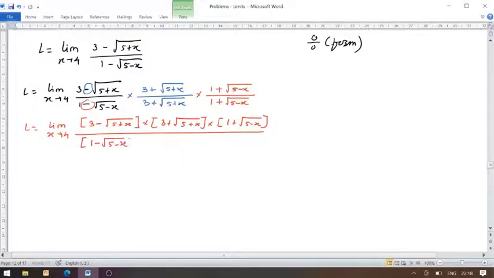Whatever irrational factors we require, we write first. That means (1 minus root of 5 minus x) into (1 plus root of 5 minus x), and the second term becomes 3 plus root of 5 plus x.